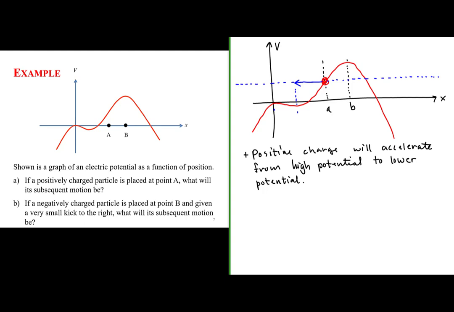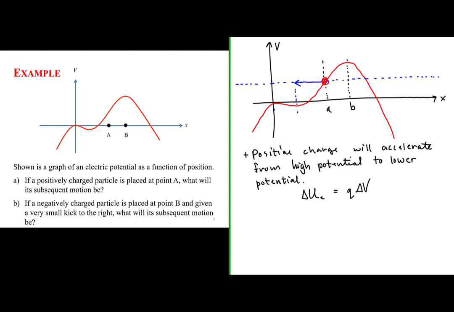Now remember, electric potential is a measure of the ability of an electric field to give another charge electric potential energy. We know that the change of electric potential energy is equal to the product of the charge times the change of electric potential.